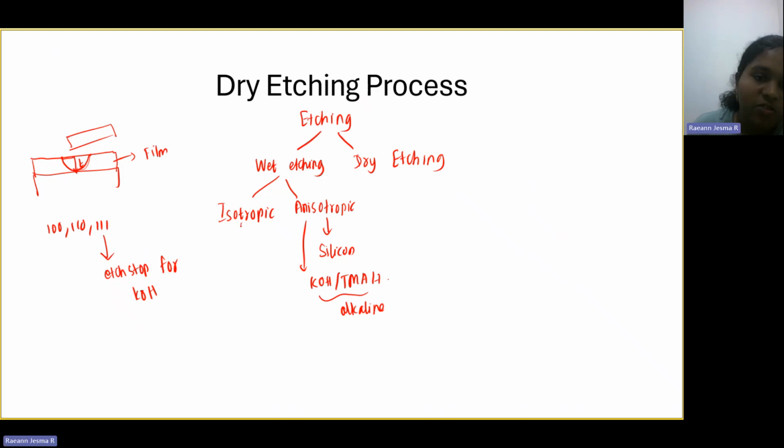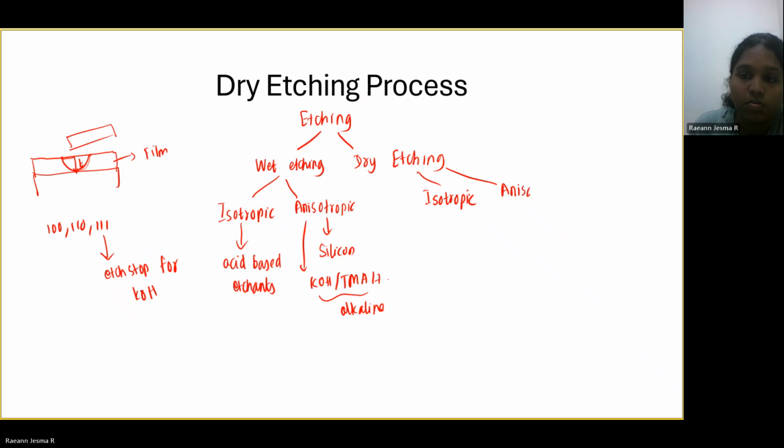In dry etching also, we have both isotropic and anisotropic etch profiles. Before that, etching is generally used to remove material selectively. If you have multiple stacks of materials, we may want to remove only one particular material without affecting the other materials.